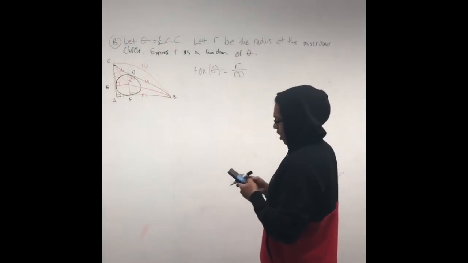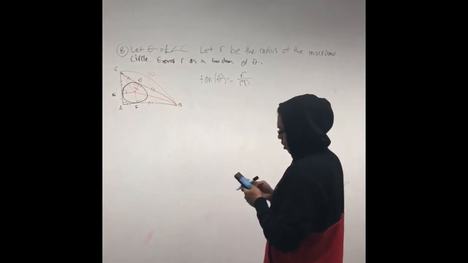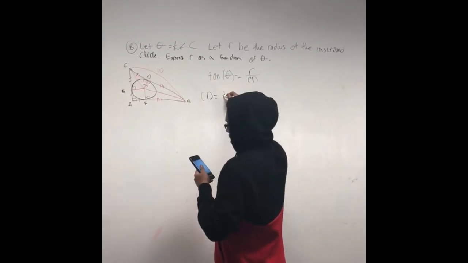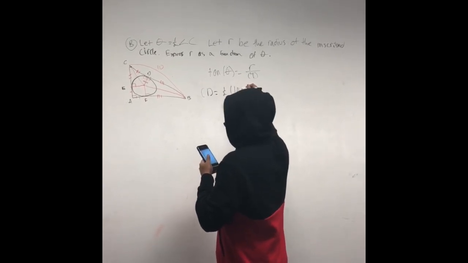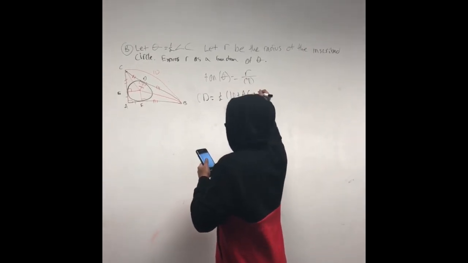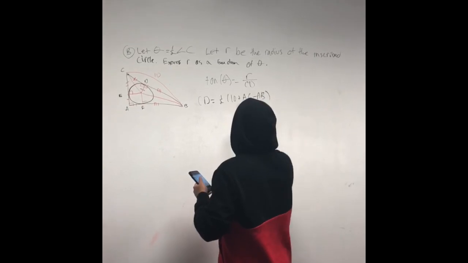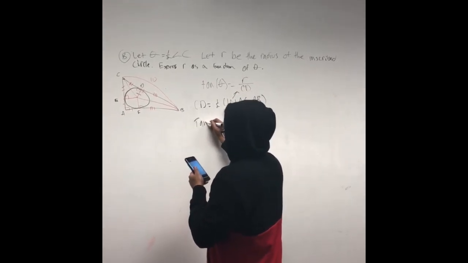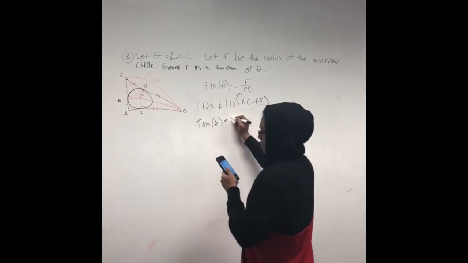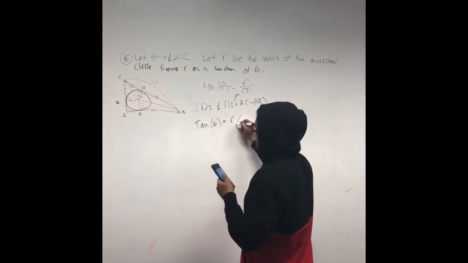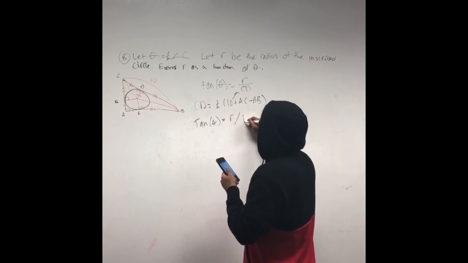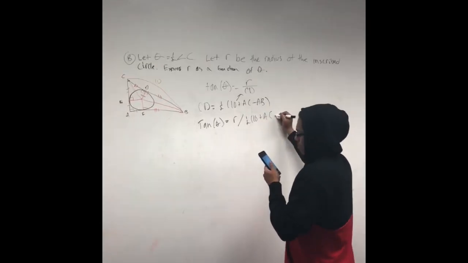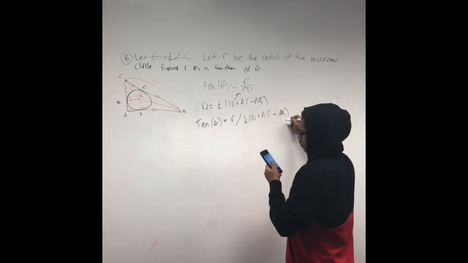And as we know from our last equation, CD is equal to 1/2 times (10 plus AC minus AB). So we can simply substitute that in. So tangent of theta is now going to equal r over 1/2 times (10 plus AC minus AB).